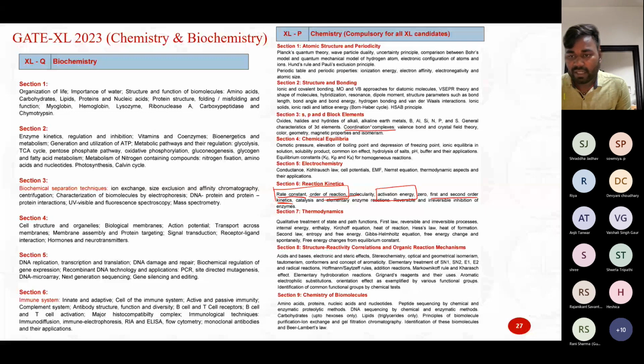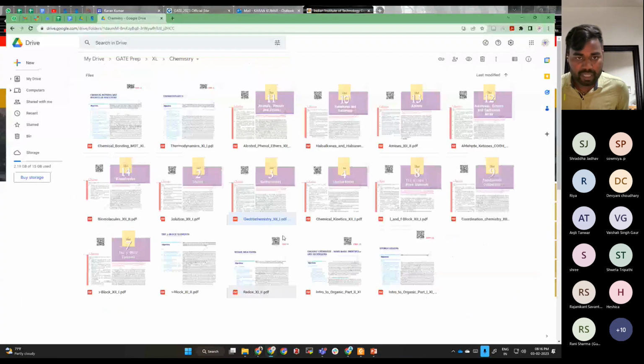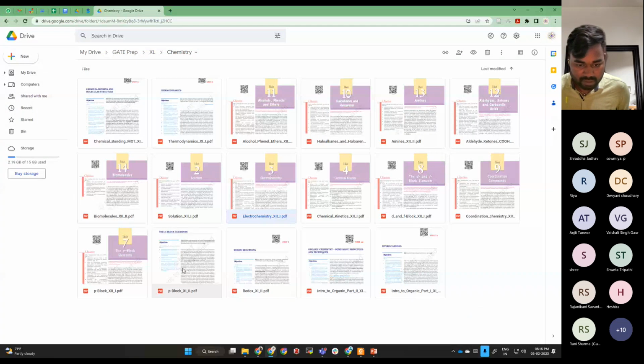Then related to the general characteristics of P block elements, you must read this chapter, like where I have uploaded the P block chapter. Like these two, from 11th and 12th, you read these chapters completely, line by line, because in inorganic you don't have to solve problems, so the questions will come theoretical.